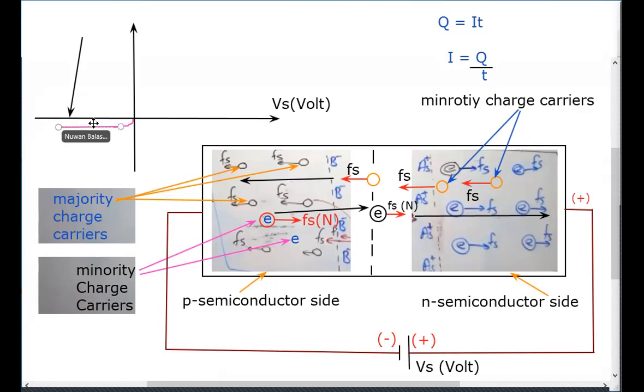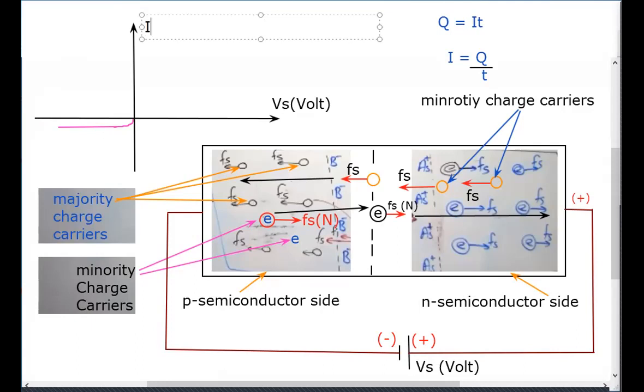So the negative means only the direction. Earlier the direction was positive, therefore this direction is negative. But voltage is not actually negative. Only the direction of the voltage has been changed.